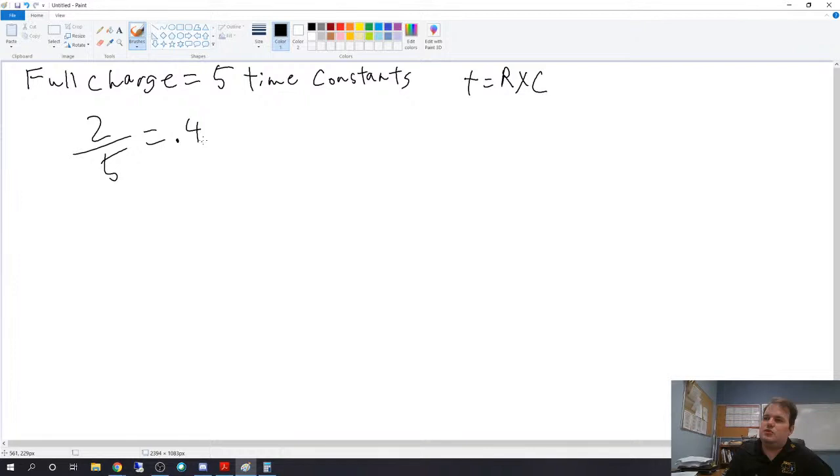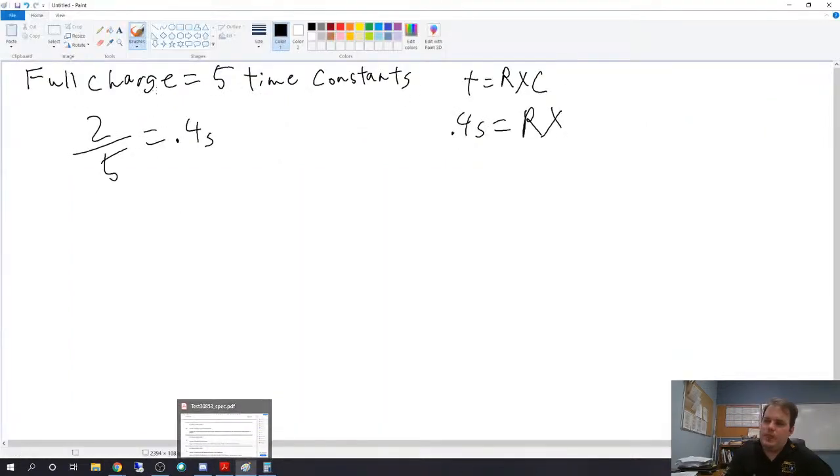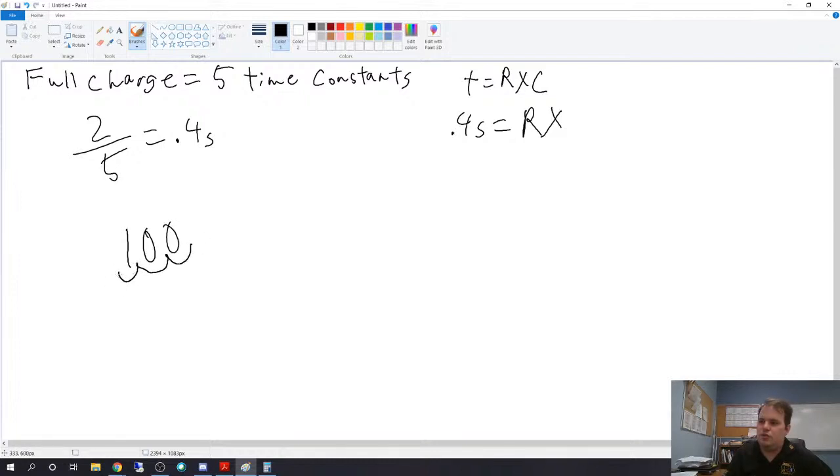So that's 0.4 seconds. So we have 0.4 seconds is equal to R times the capacitance, 100 microfarads. So 100 microfarads is 100, and then we go 1, 2, 3, 4, 5, 6.